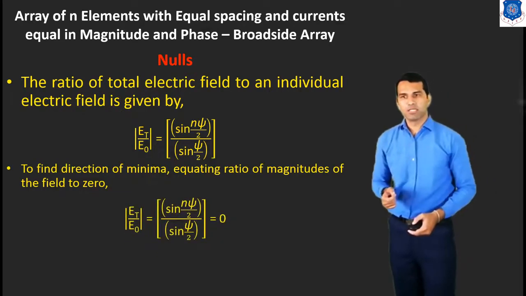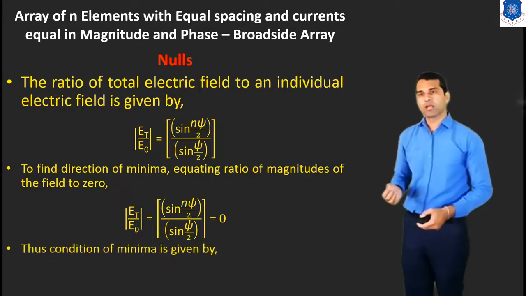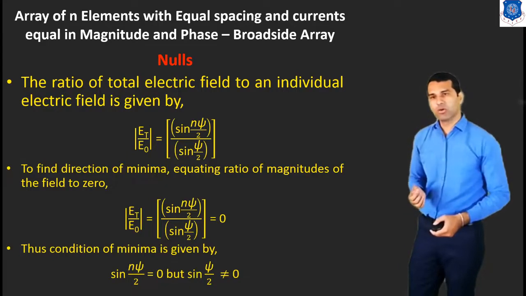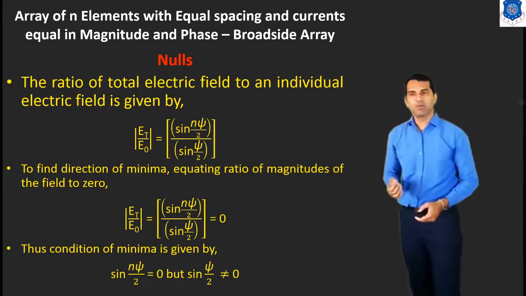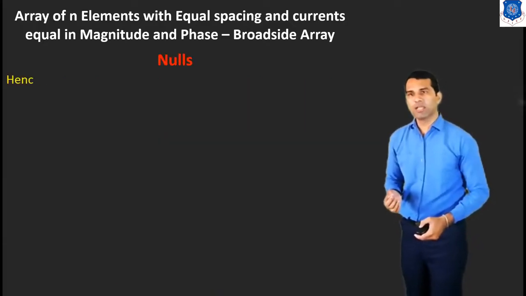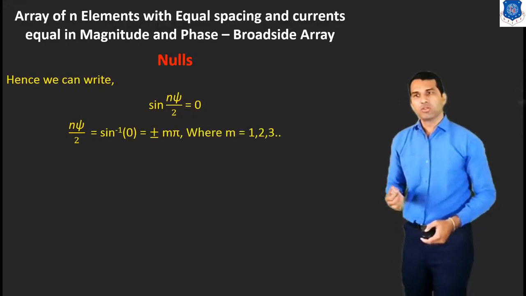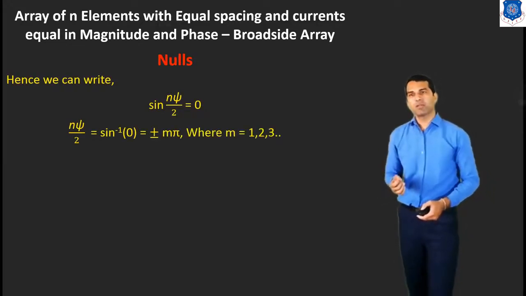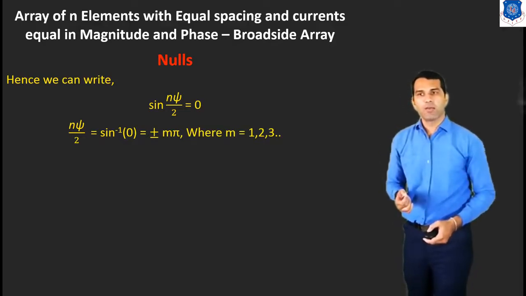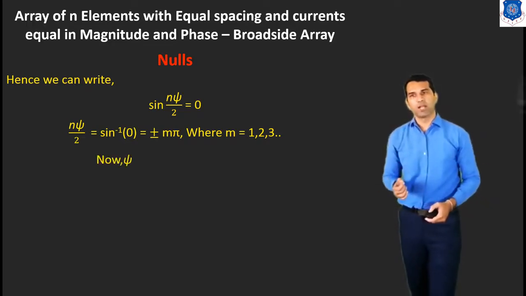So we can write sin n psi by 2 upon sin psi by 2 is equal to 0. The condition for the null is that sin n psi by 2 is equal to 0, but sin psi by 2 is not equal to 0. So sin n psi by 2 is equal to sin 0, and we know that sin is 0 when the angle is m pi, that means pi, 2 pi, 3 pi.